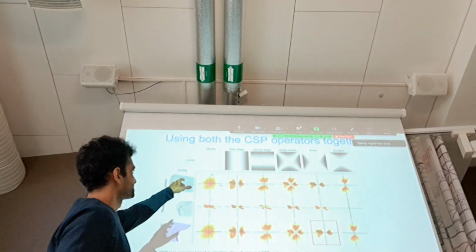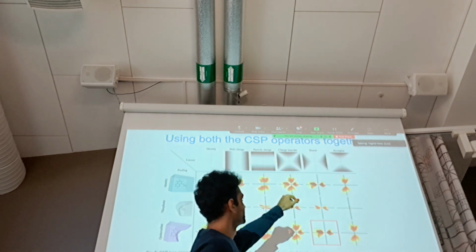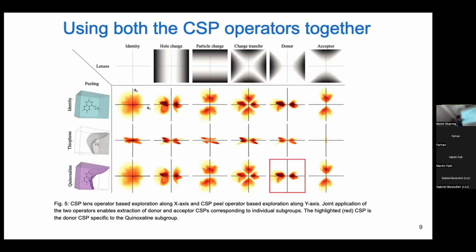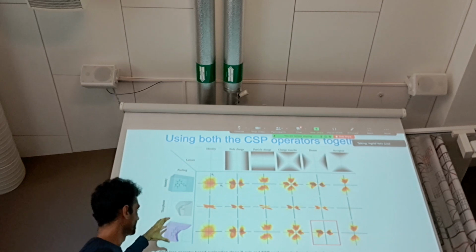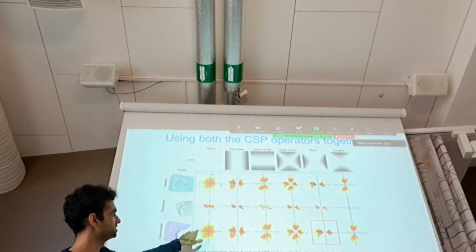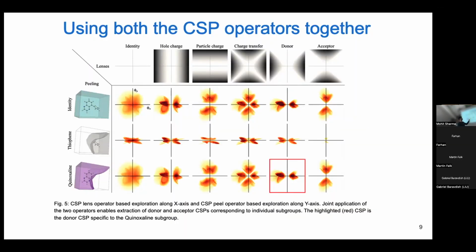On the x-axis, I have all the lens operators and I'm interested mainly in, say, donor and acceptor. On the y-axis, I have the CSP peel operator. Now, what information do these operators together give me? Say I just want to analyze quinoxaline. Quinoxaline's CSP is this. Now this CSP is not telling me whether it's a donor or acceptor.